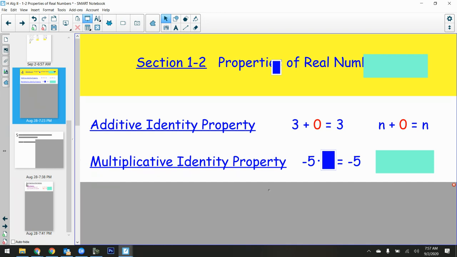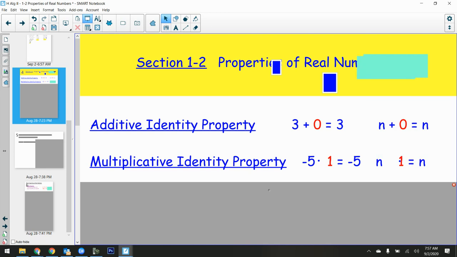Thinking about the multiplicative identity. What is the multiplicative identity then? 1, right? The multiplicative identity would be 1, because you're asking yourself, what value do I do that operation with to make it the same, to not make it do anything? So -5 times 1 is just -5.